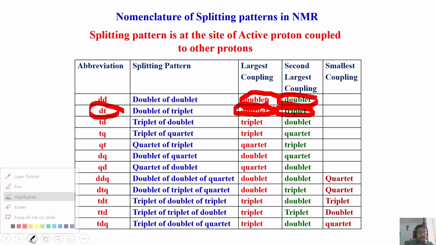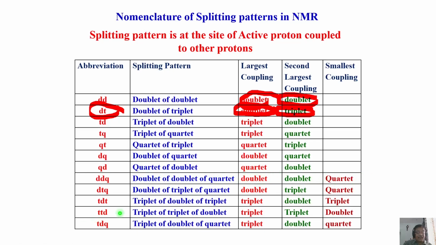You understand? So that is what happens. Like this, it is triplet of a quartet: larger is triplet, smaller is quartet. Like that you can keep writing. When three protons are coupled, three spins are coupled, the first one could be larger. It is called DDQ, doublet of doublets of quartet. The first coupling is larger and is a doublet, then the second is a doublet, the third is a quartet.